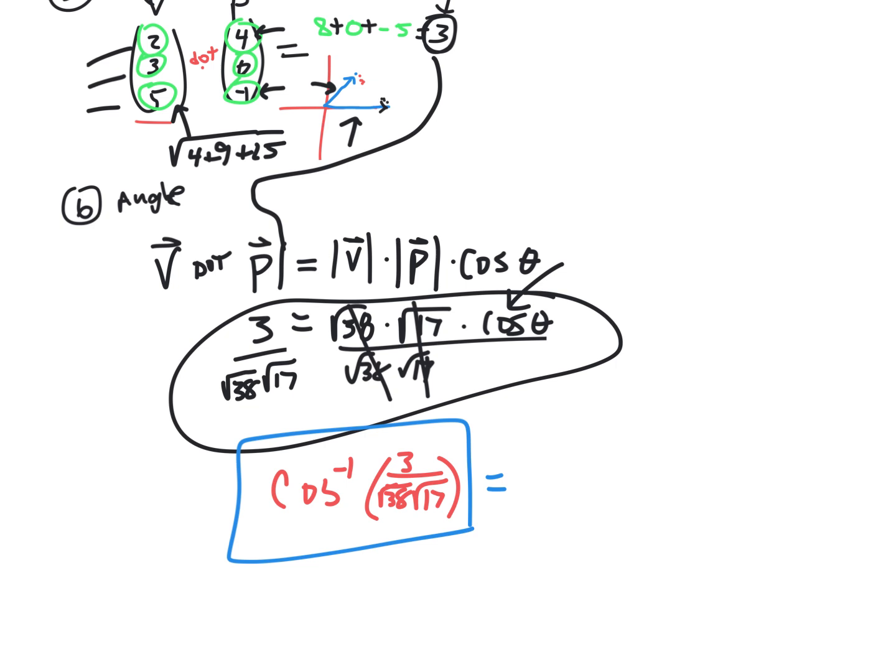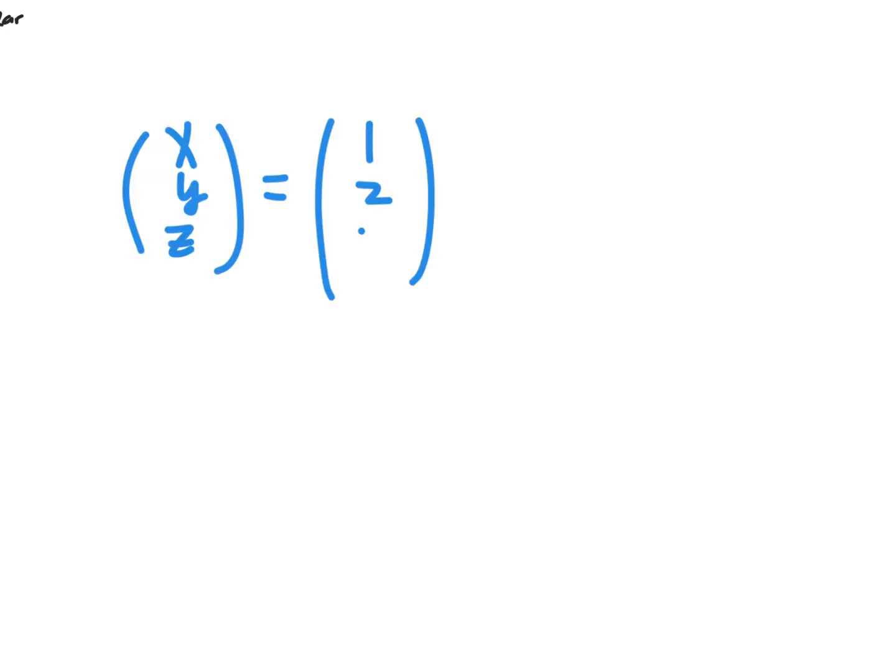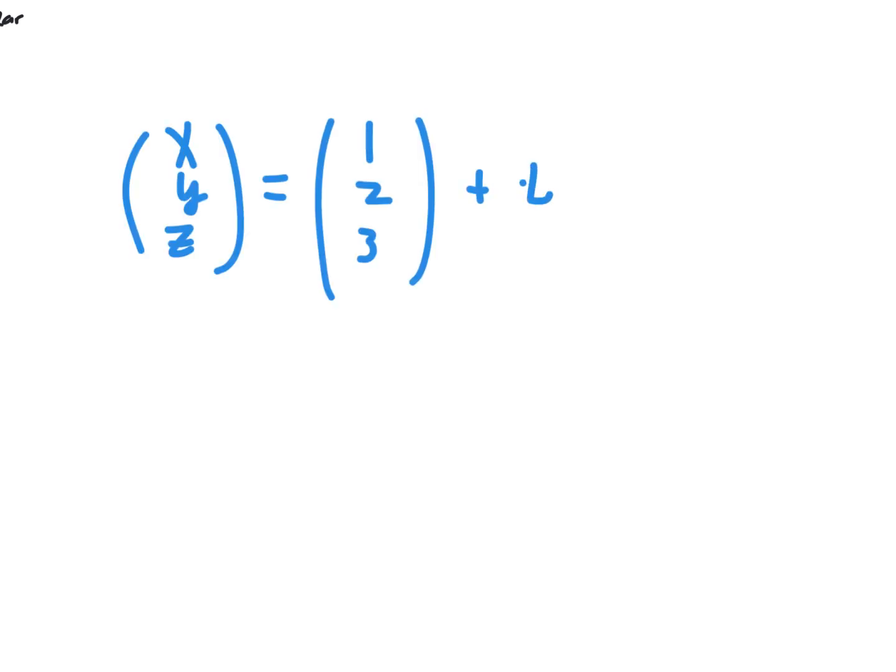And then the last thing I got to get you through is if you have two equations, okay, like let's say x, y, z, write these out for me. 1, 2, 3 is a starting point, plus t times 4, 7, 0.